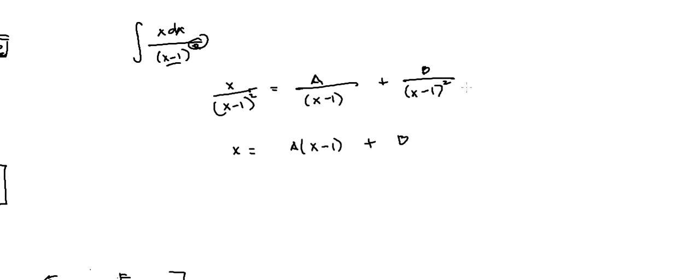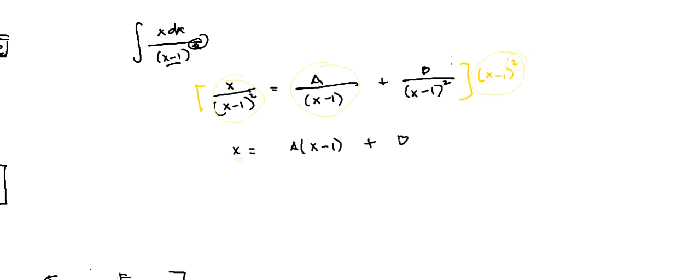Okay, let me show you. By (x minus 1) squared. Okay, so this one multiplied by this one, we have x, and A all over x minus 1 multiplied by (x minus 1) squared, so we have x minus 1 left.